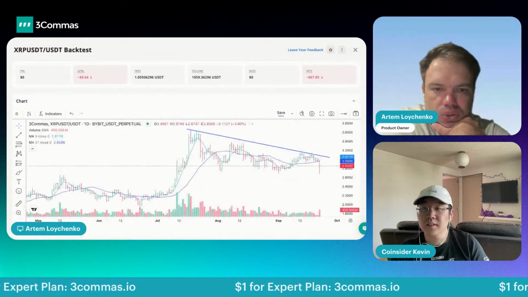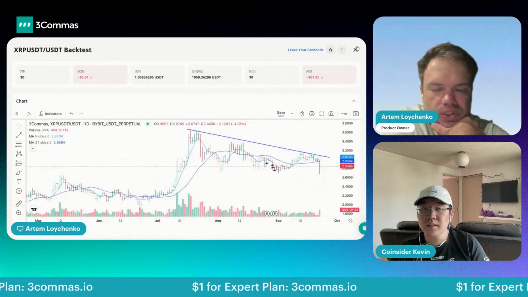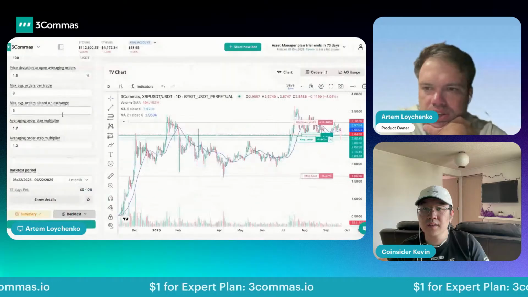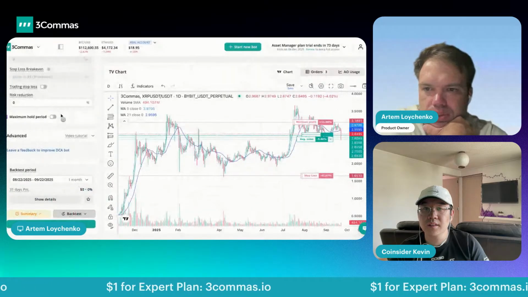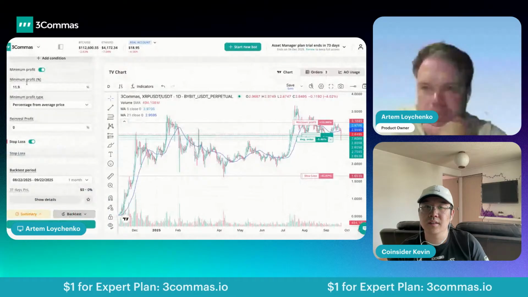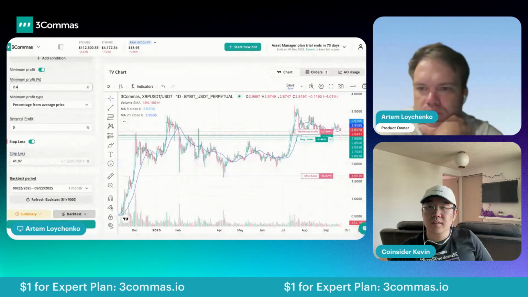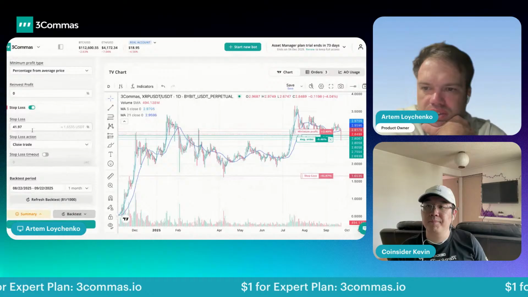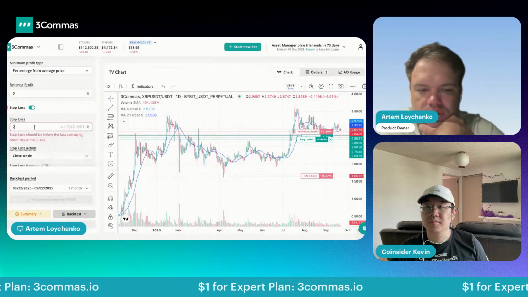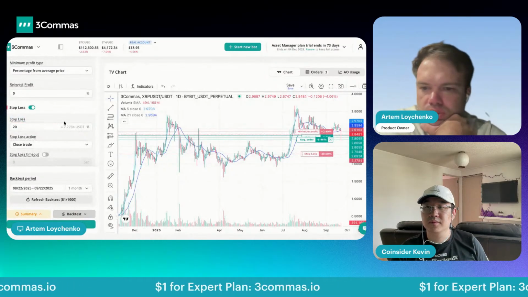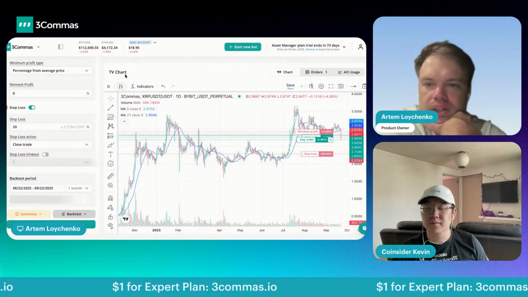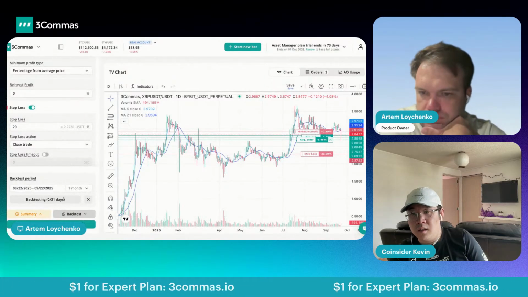I think it's zero. Yeah, I know why it's zero, because I also moved the take profit. Let me move the take profit back. So we had a minimum take profit of 2.4. Yeah, that's why, because I was moving on the chart so you could see everything properly. But now we're getting back.